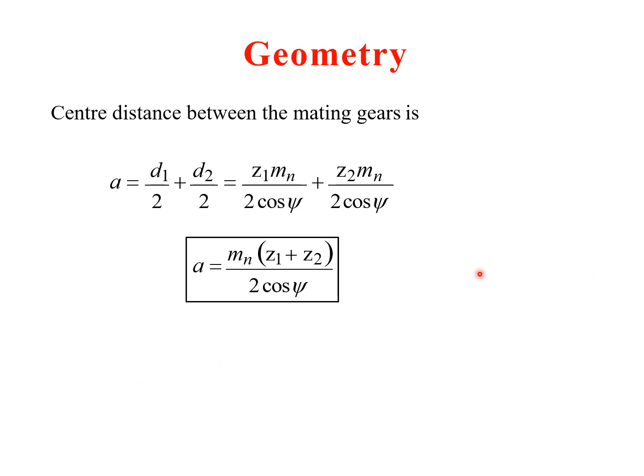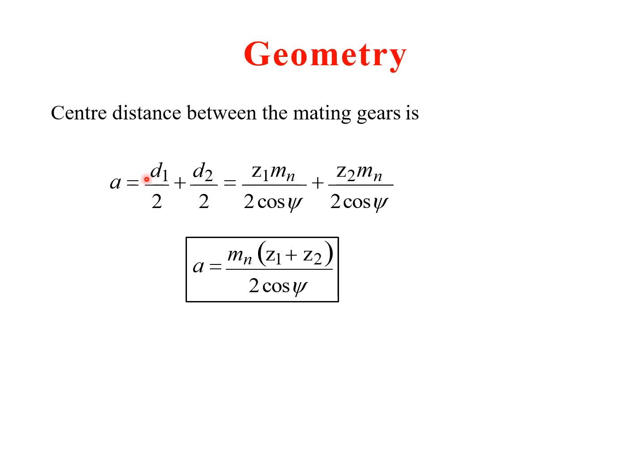Now further, this is the formula of the center distance between the mating gears. Center distance is basically given by the formula d1 by 2 plus d2 by 2, where d1 is nothing but the pitch circle diameter of the pinion, and d2 is the pitch circle diameter of the gear, or you can also call them the first helical gear and the second helical gear.